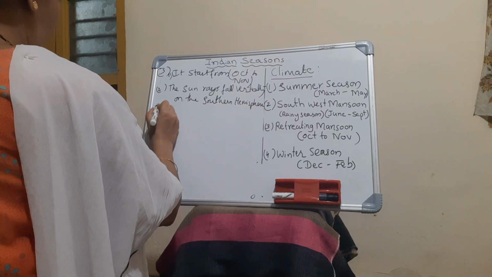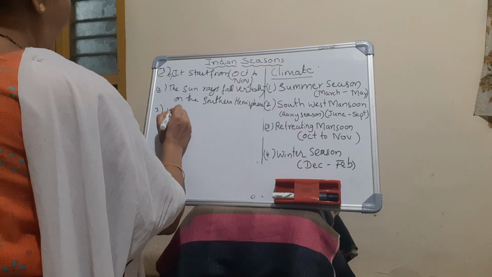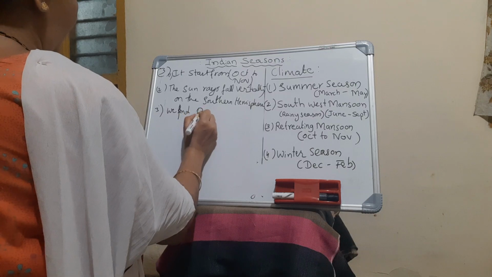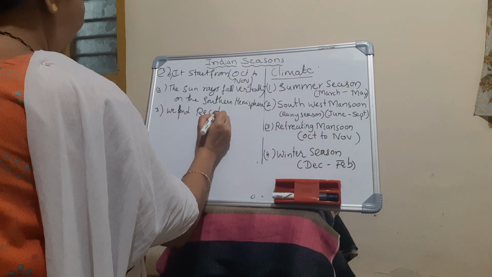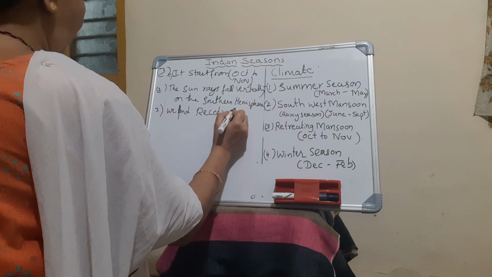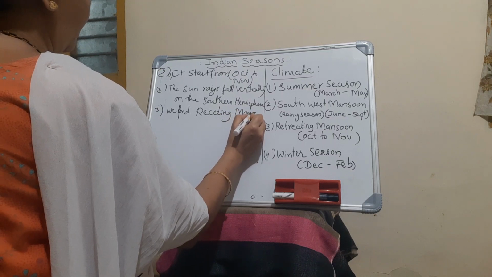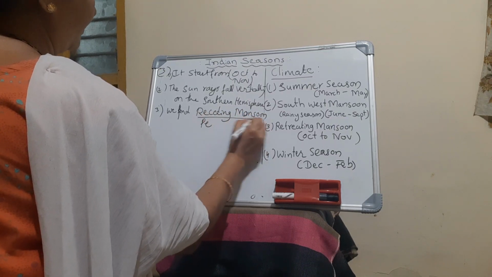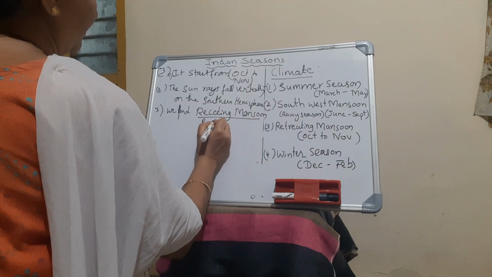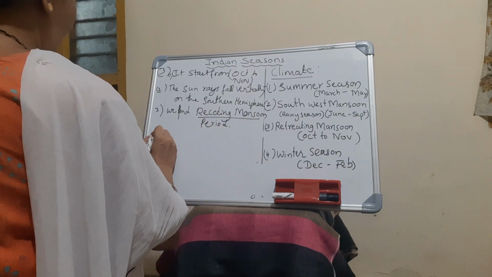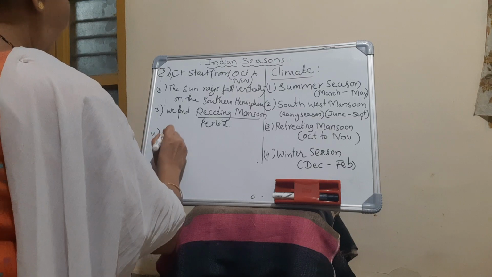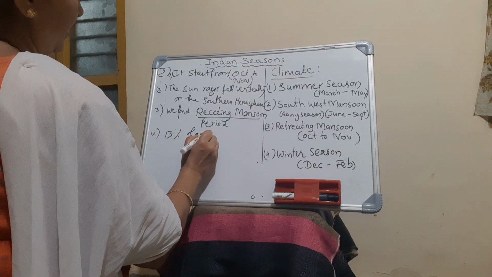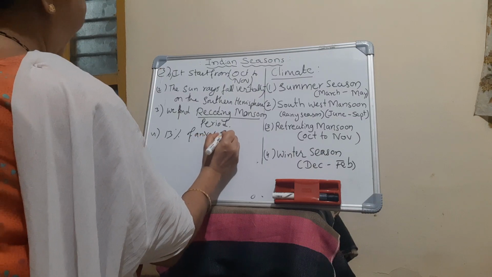Third one, we find the receding monsoon period. Then fourth one, 13% of annual rainfall.